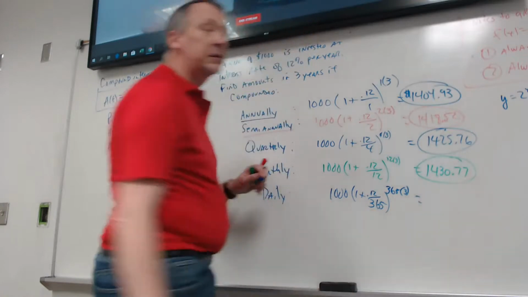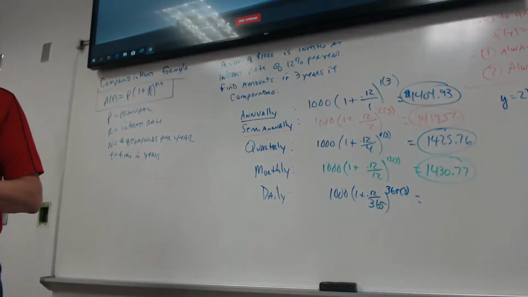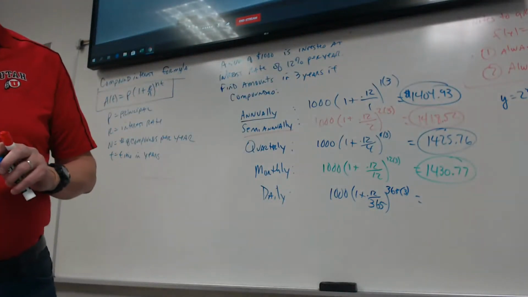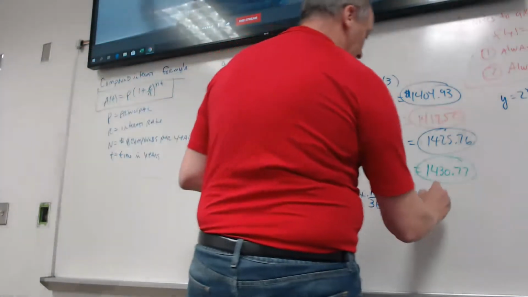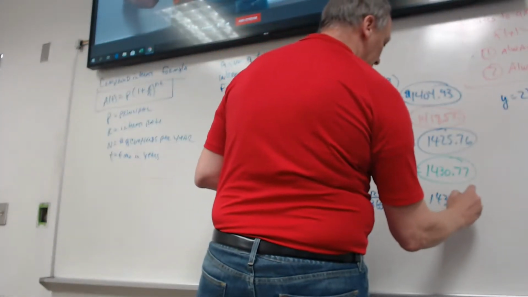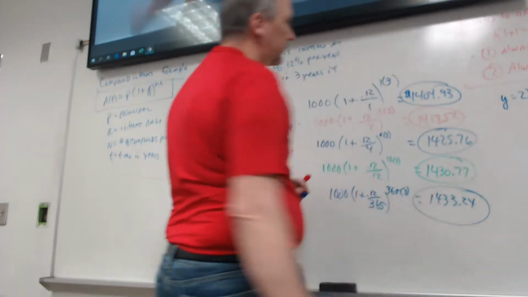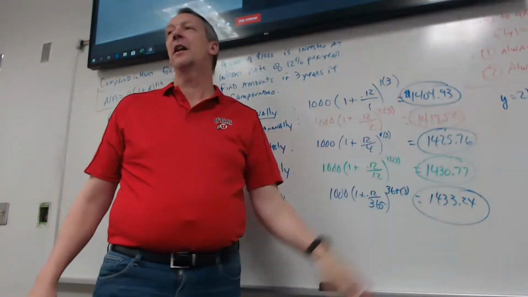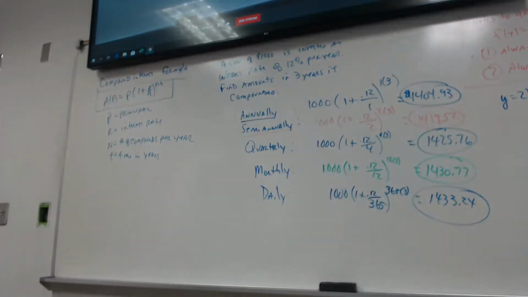Okay, so this will be the one that you're most likely to mess up on your calculator, but hopefully you get 1433.24. Okay, so if you're investing, you like the more frequent compounds. If you're loaning, the bank likes it. Okay?